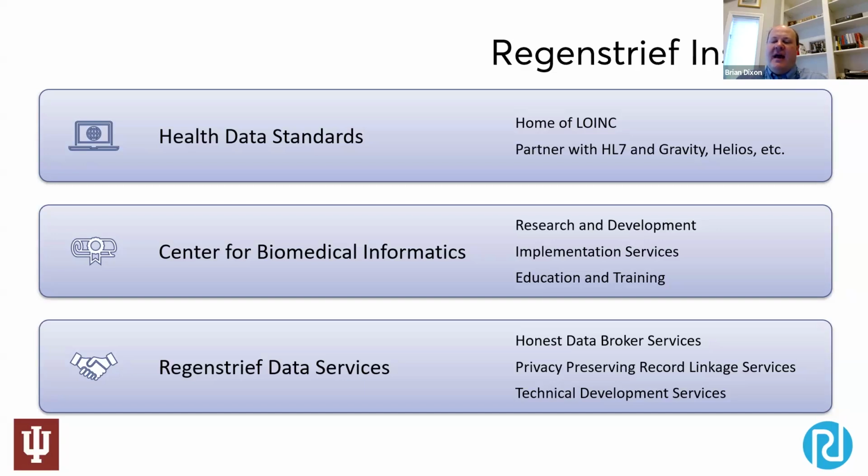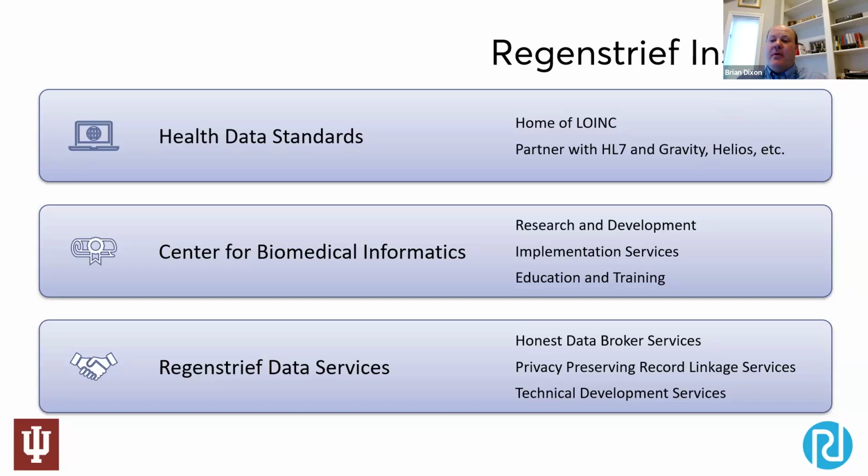Regenstrief also has a division that focuses on data services. We act as an honest data broker for our statewide health information exchange, which I'll talk about today, where we provide data for research, for public health, for other use cases.